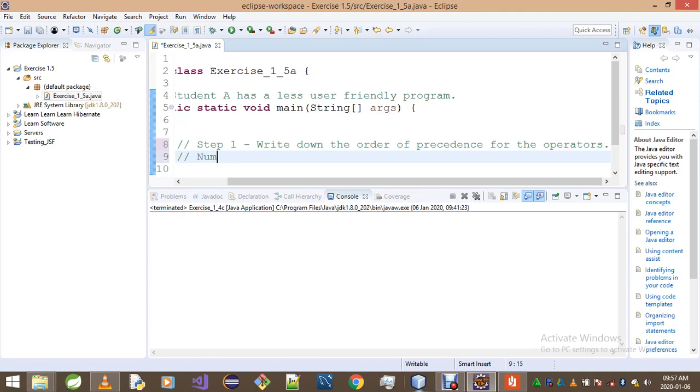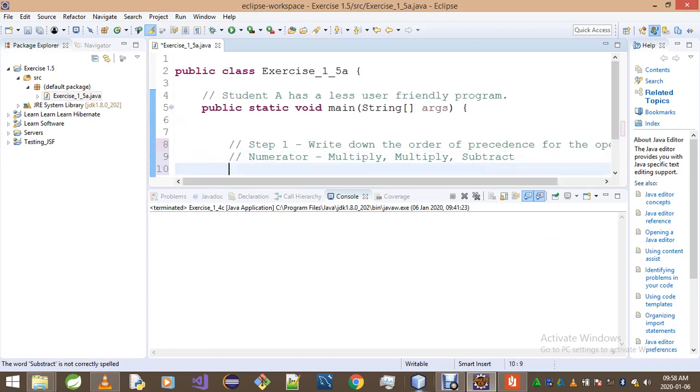On the numerator, we gotta multiply, and then multiply again, and then subtract. I told you guys I really suck when it comes to spelling. It's subtract, not subtract. Okay.